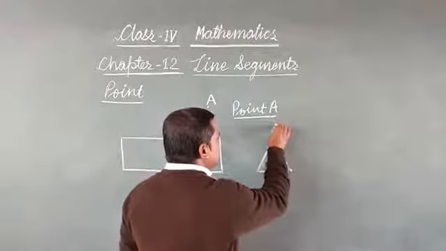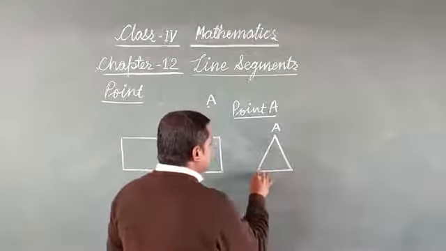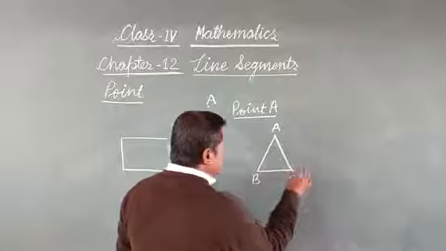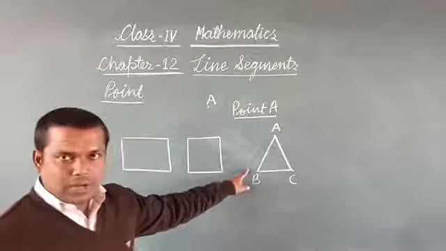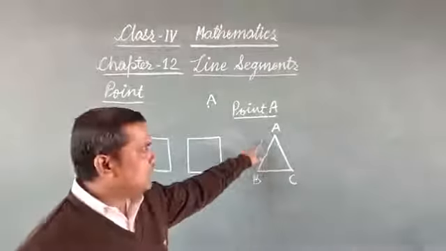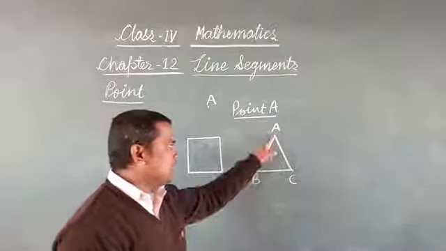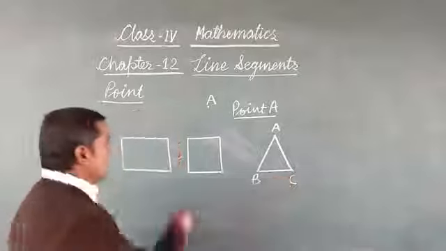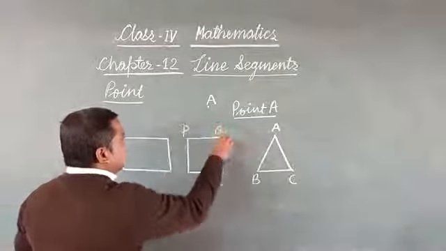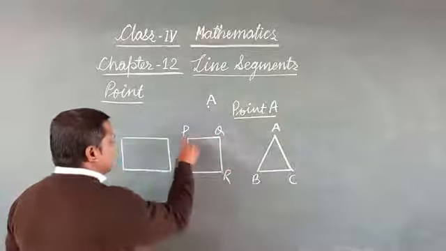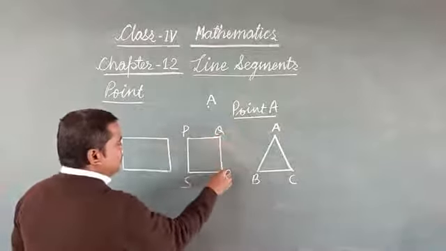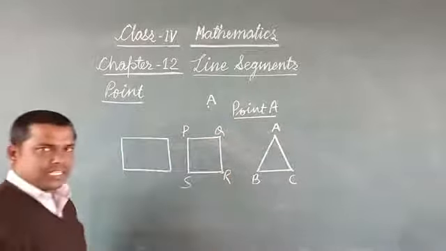So this is point A, point B, point C. Every corner or every vertex here in this triangle is a point. This is point A, point B, point C. In this, P, Q, R, S. Point P, point Q, point R, point S.